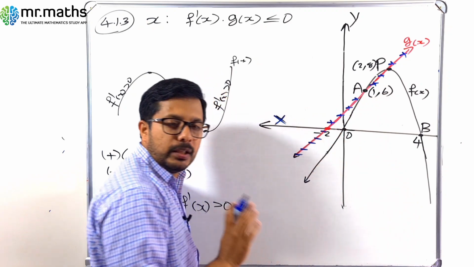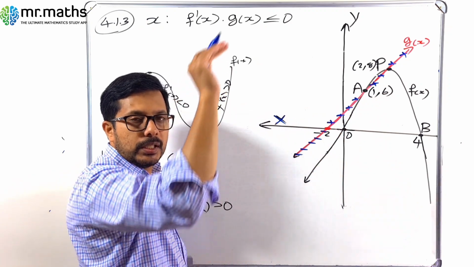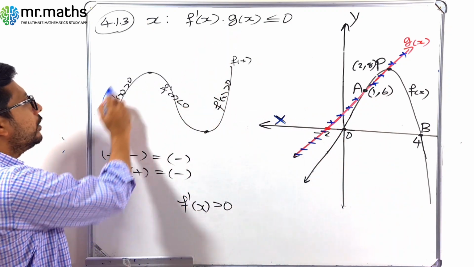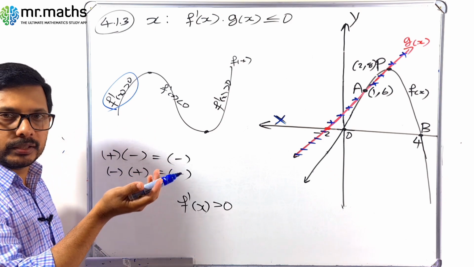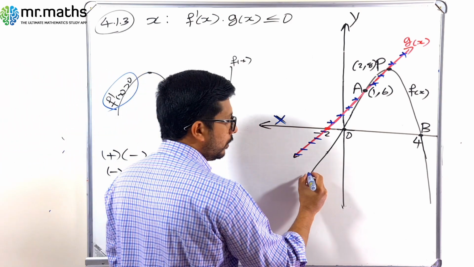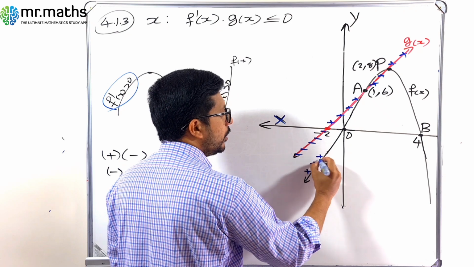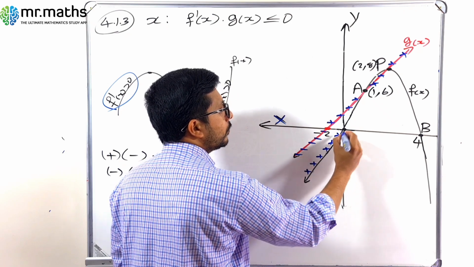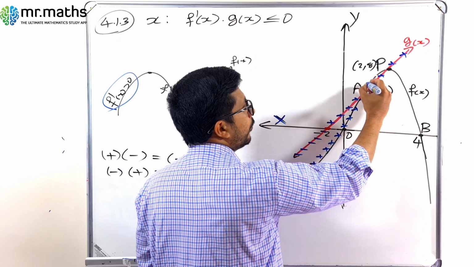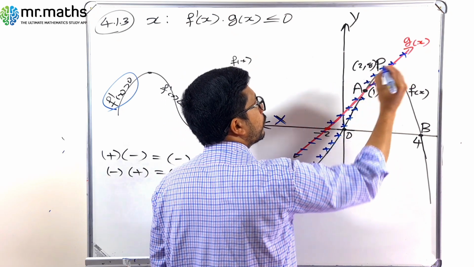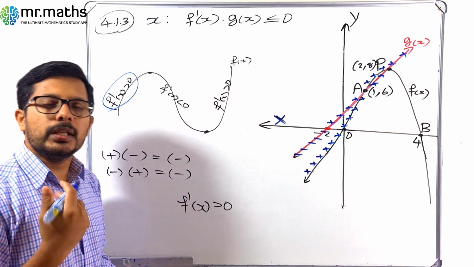So when the original graph is increasing, what we studied in theory, the first derivative is positive, or greater than 0. That means here the first derivative is positive. Don't think about below the x-axis or above the x-axis, because now we are talking about the first derivative.